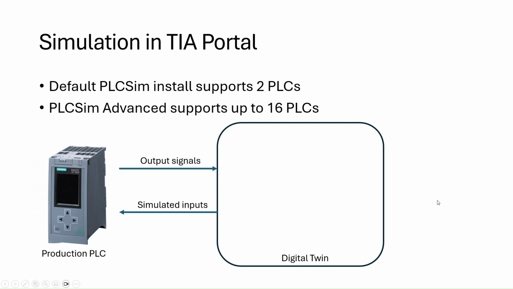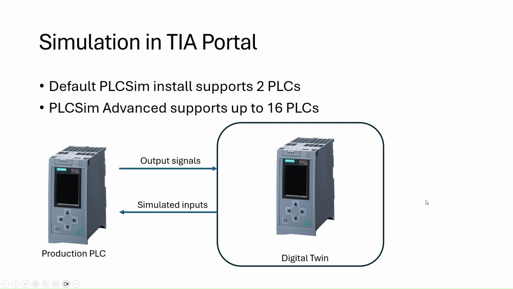We're actually going to use a PLC that isn't physical, but is in the software, and we're going to use that as the digital twin. So that's basically it. The second PLC we use as just a simulation PLC, which will emulate the signals from the digital twin.